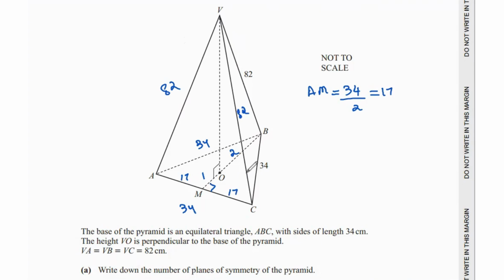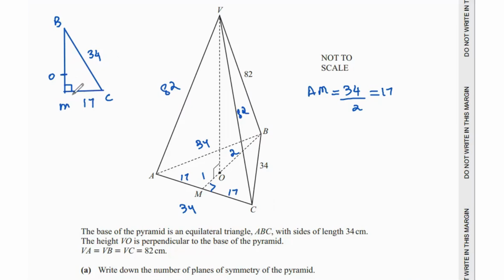We have to show that the length of OB is as given in the question. So we have to basically find the length of OB over here. So as you can see, this is a right angle triangle. If I draw this triangle over here, the one that we're focusing on, this is B over here, this is M, we have O over here, and this is C. MC is 17, BC is 34.